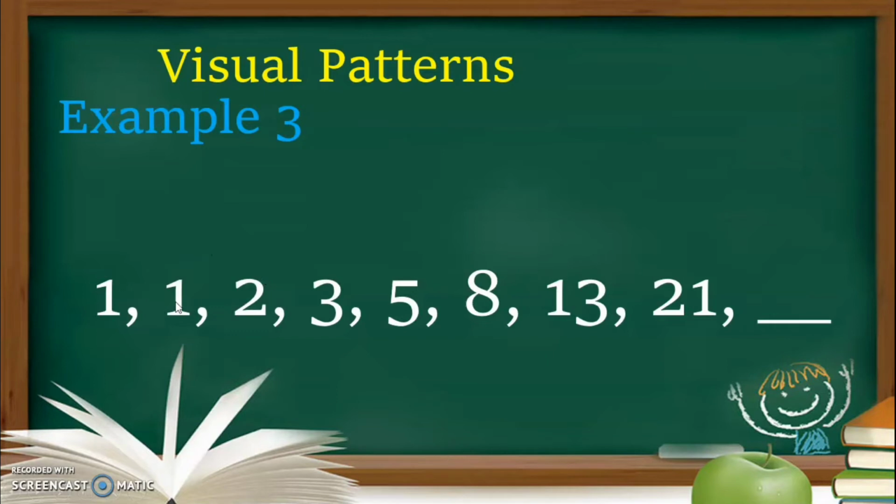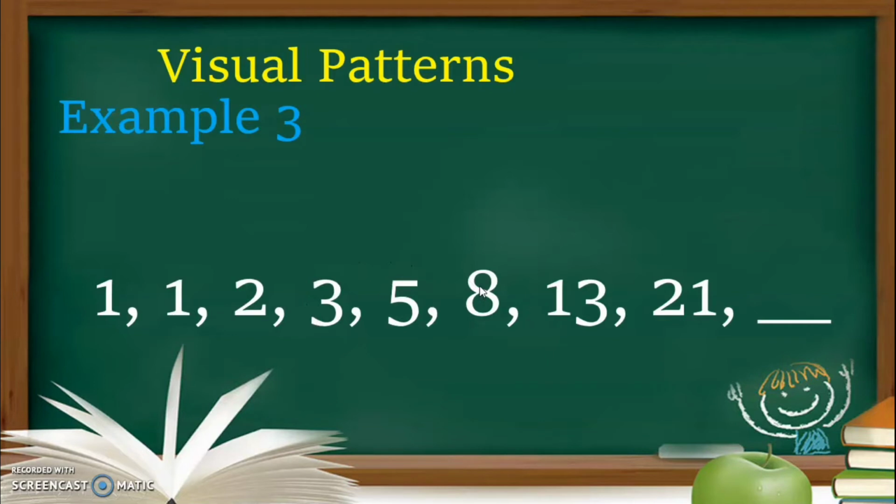Then, eto na naman, ang preceding nitong 3 is itong dalawang number. 1 plus 2 is equal to 3. Then, preceding ng 5, itong dalawang number. 2 plus 3 is equal to 5. Then, preceding ng 8 is 3 plus 5.